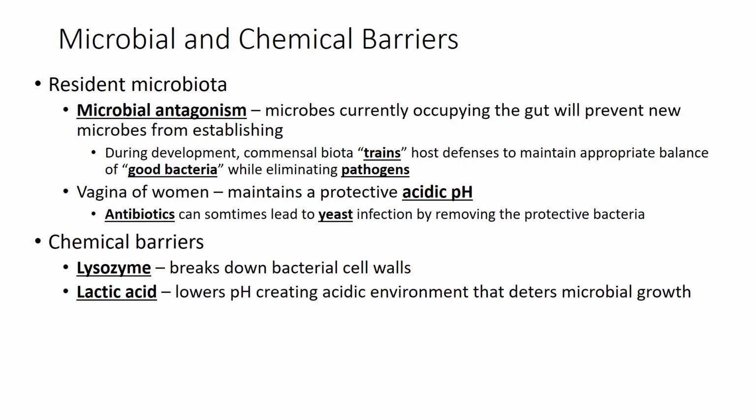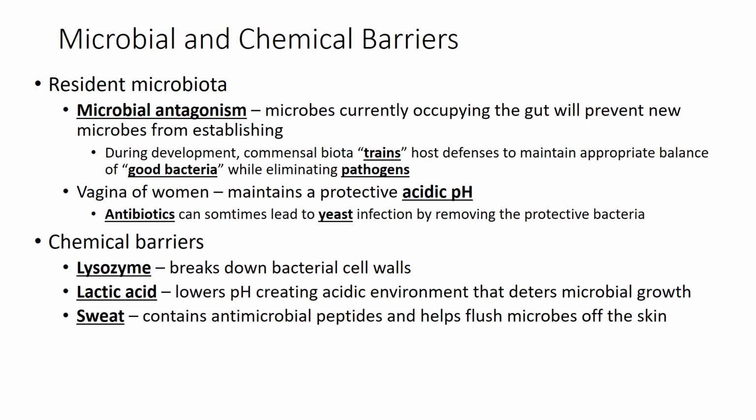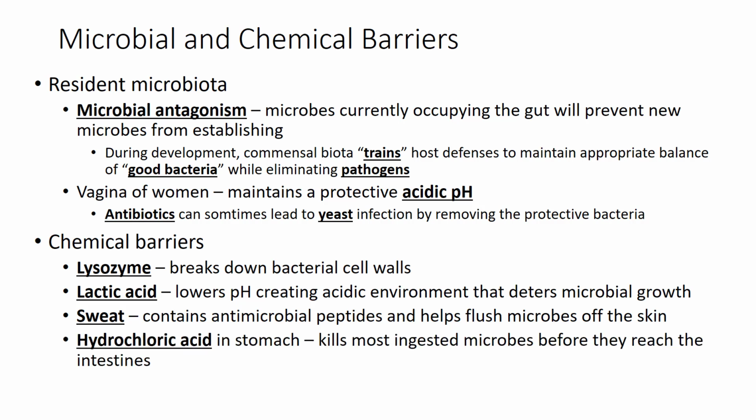Lactic acid is often found on your skin, and could be found in other parts of the body as well. It also makes the environment where it's found more acidic. That deters microbial growth for certain species more than others. Sweat is another aspect on the skin that flushes things out and prevents an environment that's favorable to a large number of different microbes.